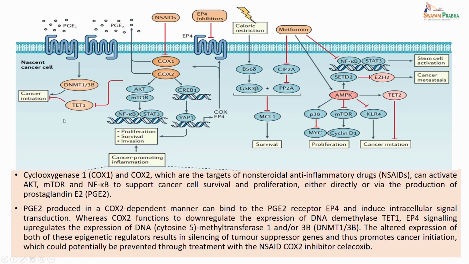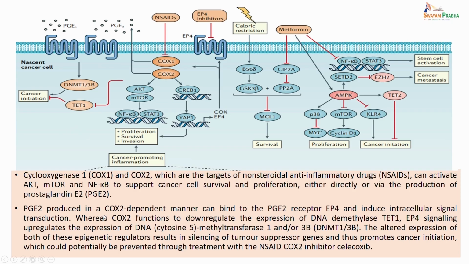Normally the COX can activate AKT, mTOR, and NF-kappa B to support cancer survival and proliferation, either directly or via the production of prostaglandin E2. This prostaglandin E2 will bind to the receptor called EP4.